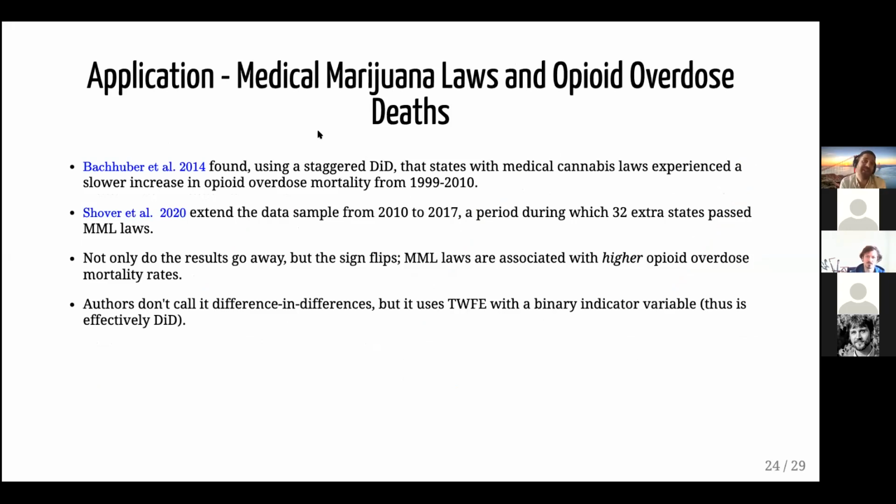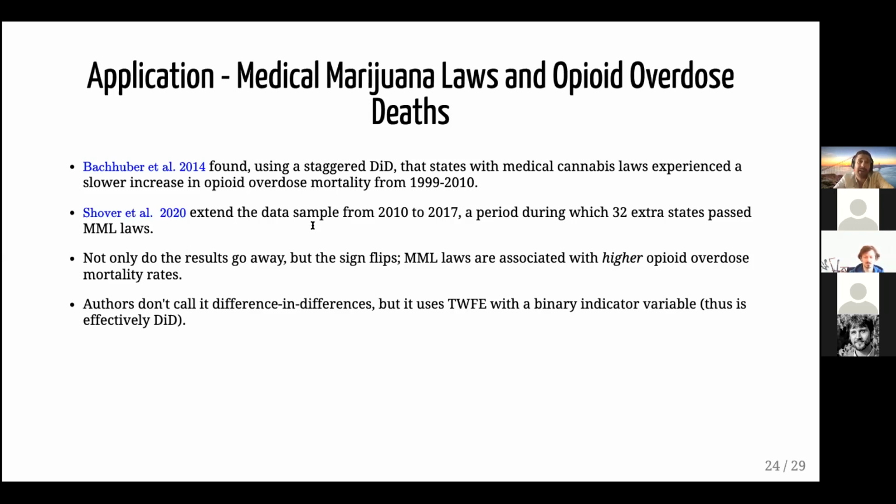But in this example, I just thought it was an interesting public example that came out where people are looking at the staggered adoption of medical marijuana laws in the United States and what effect that has on opioid overdose deaths. So a paper came out in 2014, I think it was in JAMA or something, and it used a staggered difference in difference design, and it found that states that passed medical marijuana laws experienced a slower increase in opioid overdose mortality using a sample of data from 1999 to 2010.